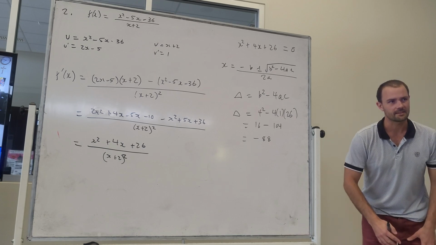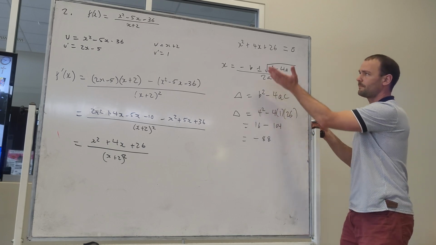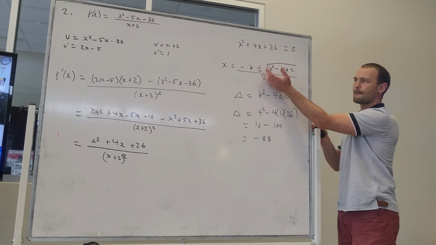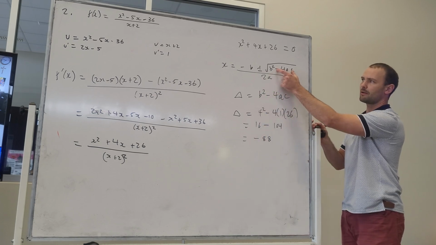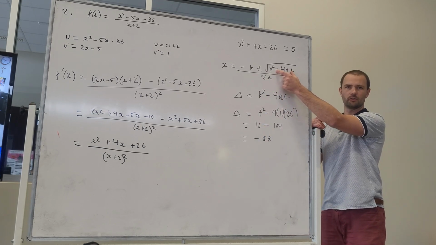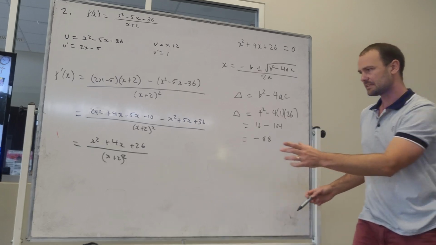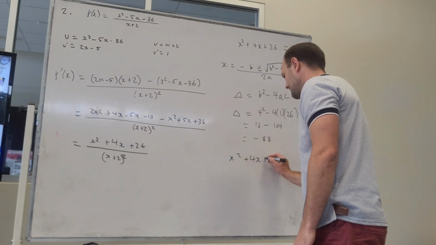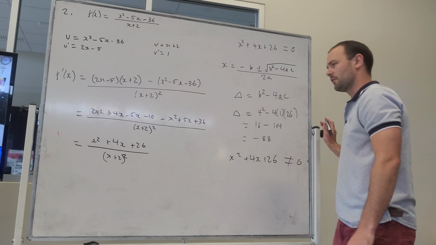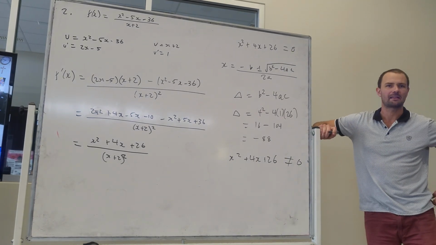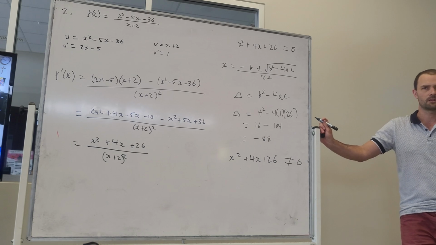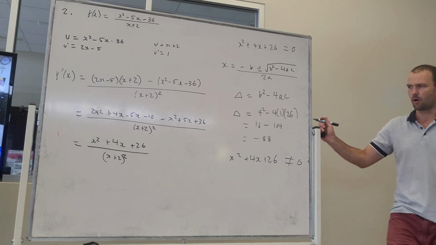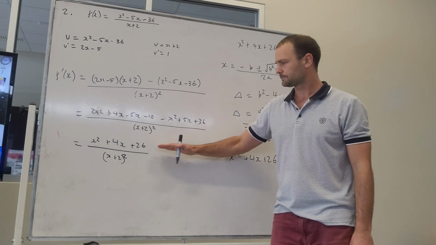Now the point of this is to show that we can't find any roots to this because we're going to have the square root of a negative number. There's no real roots. So what that means is x squared plus 4x plus 26 never equals 0. There's no values that are going to make the top equal to 0. All right, so there's no roots of this quadratic.